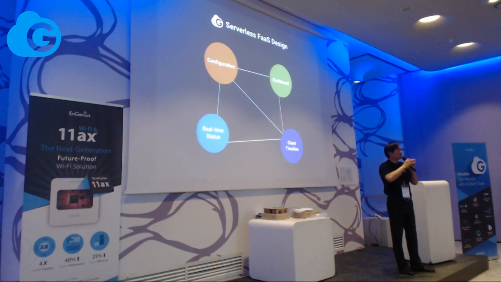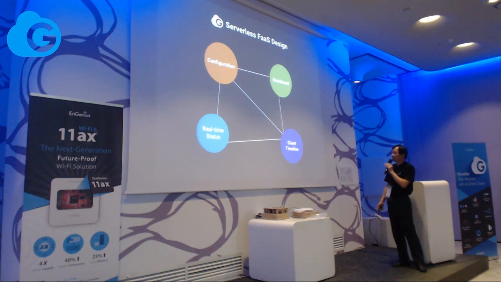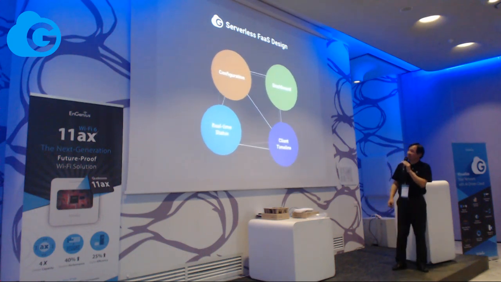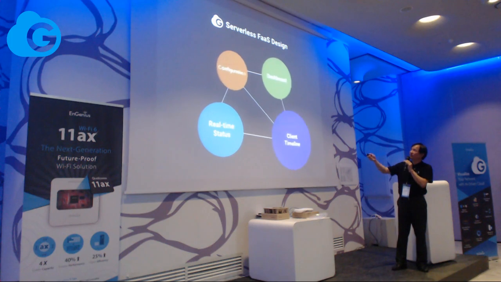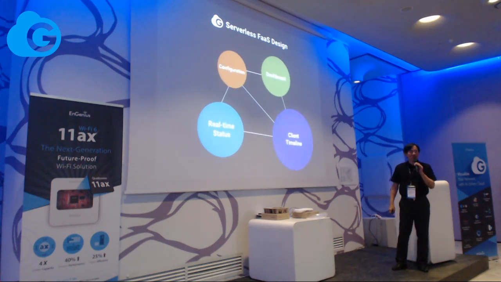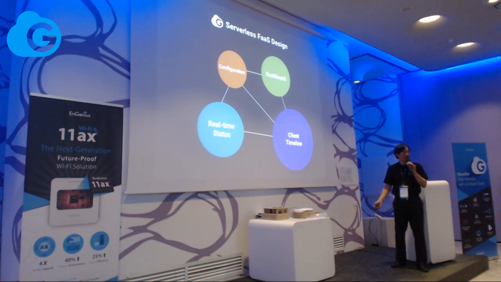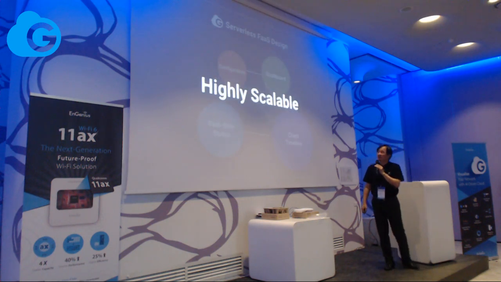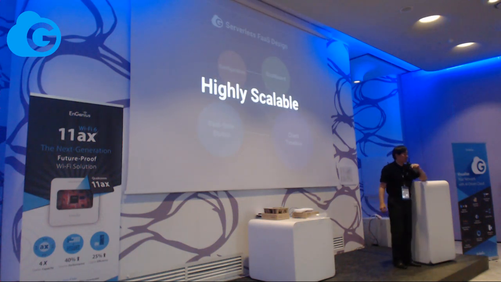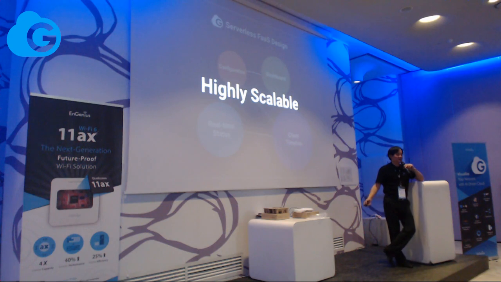So it's very scalable using this kind of technology. You can have a different scale for each function. So in that case, you can do a very scalable cloud deployment. This is why we call it highly scalable.